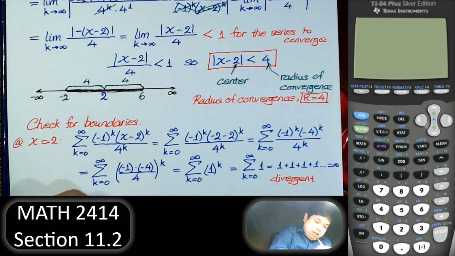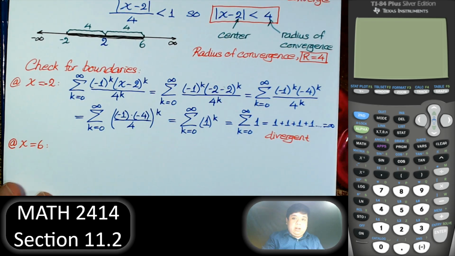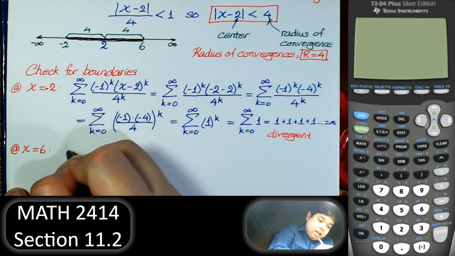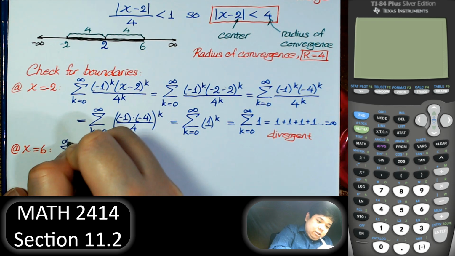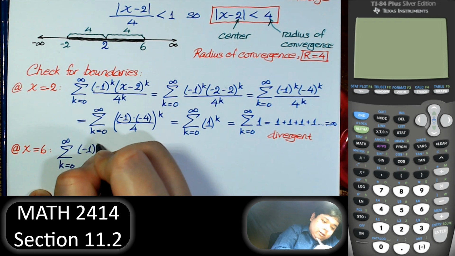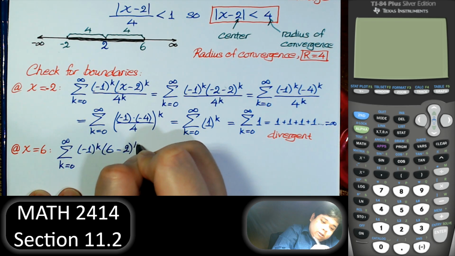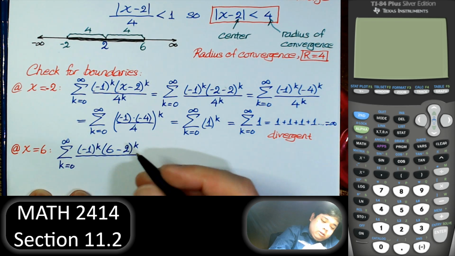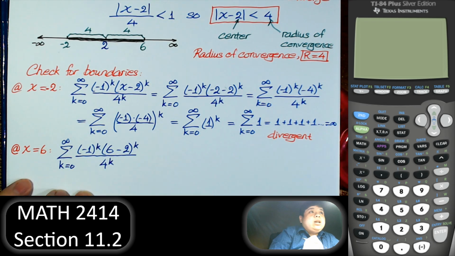What happens at 6? We do the same thing. Put 6 in for x.